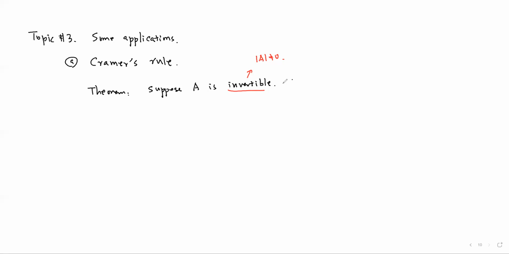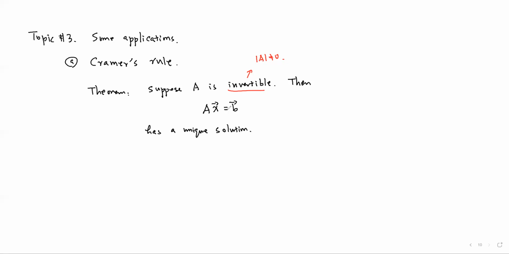Okay, then suppose A is invertible. Then this linear system has a unique solution. Okay. When A is invertible, the linear system has just one solution.